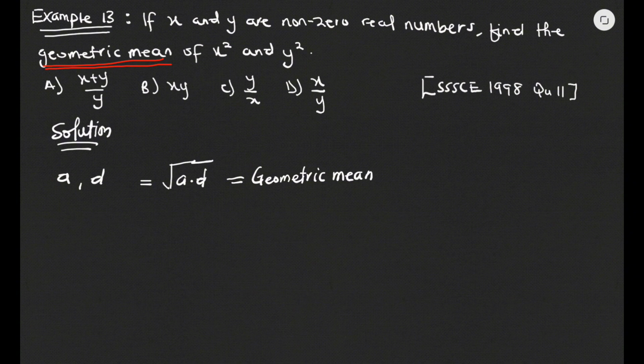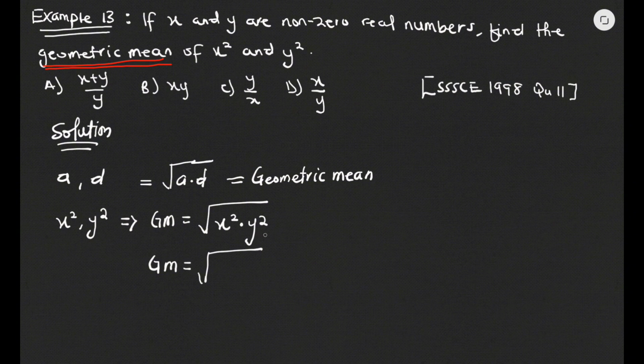So in our case, we were given x squared and y squared. So the geometric mean, let me use GM, will be equal to the root of x squared multiplied by y squared. Which means x squared multiplied by y squared, I can write as xy all squared.